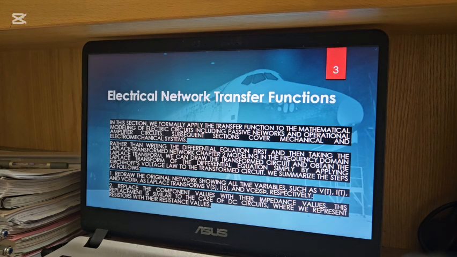This replacement is similar to the case of DC circuits, where we represent resistors with their resistance values. We will see these steps by solving some problems related to this section.